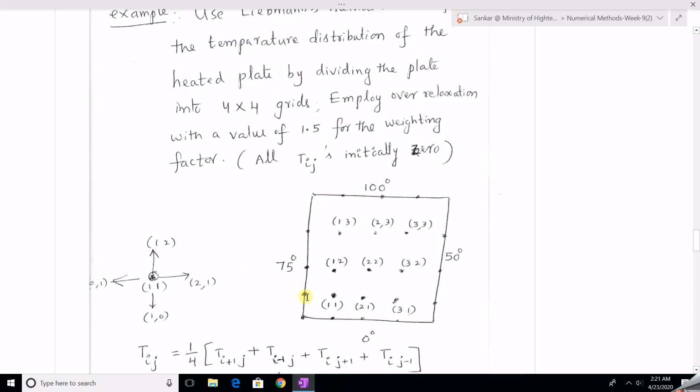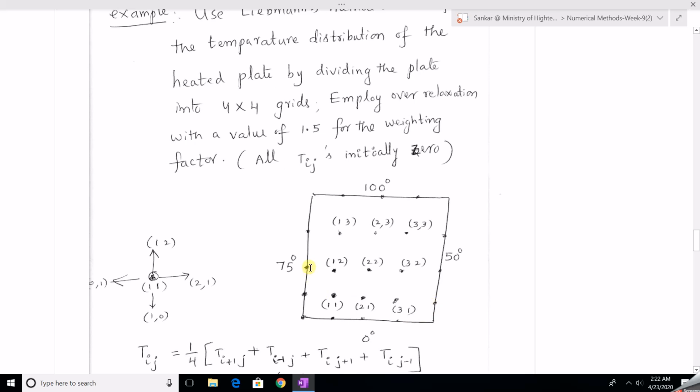This point will be 1 1 because along the x-axis 1 unit and along the y-axis 1 unit is the distance. This point is 2 1, along the x-axis 2 units, along the y-axis 1 unit. This point is 3 1, and this point on the edge will be 4 1 because along the x-axis 4 units, along the y-axis 1 unit.